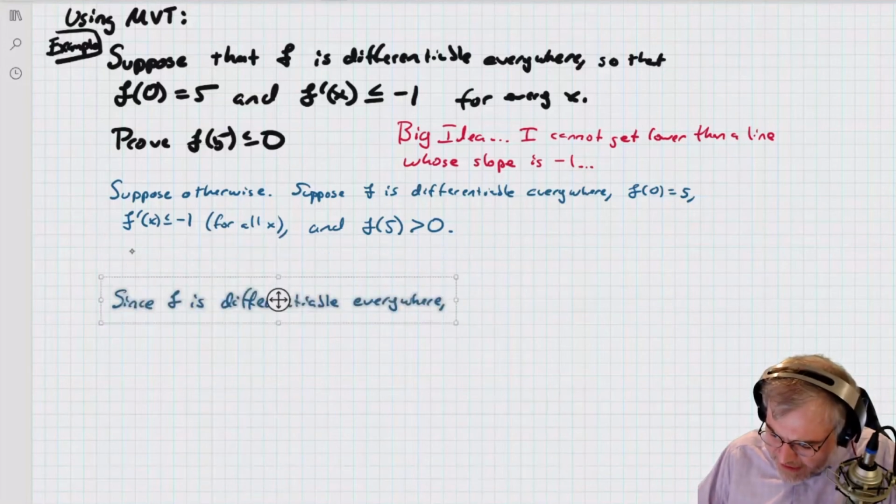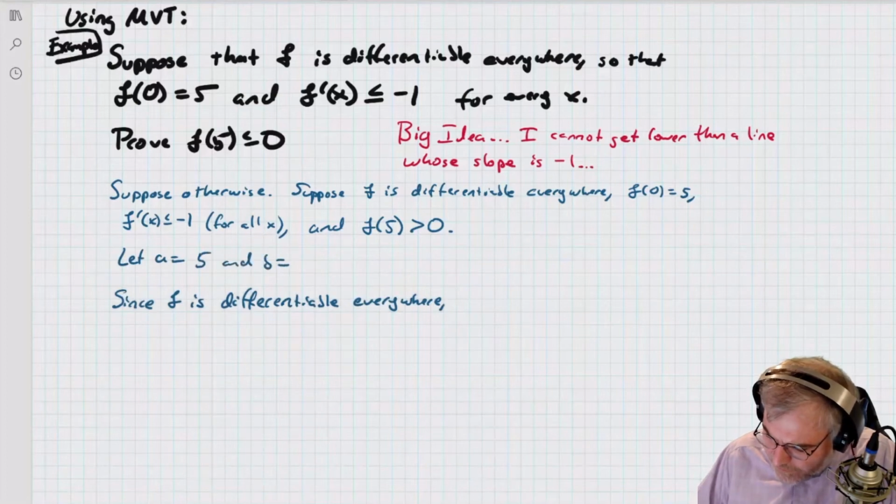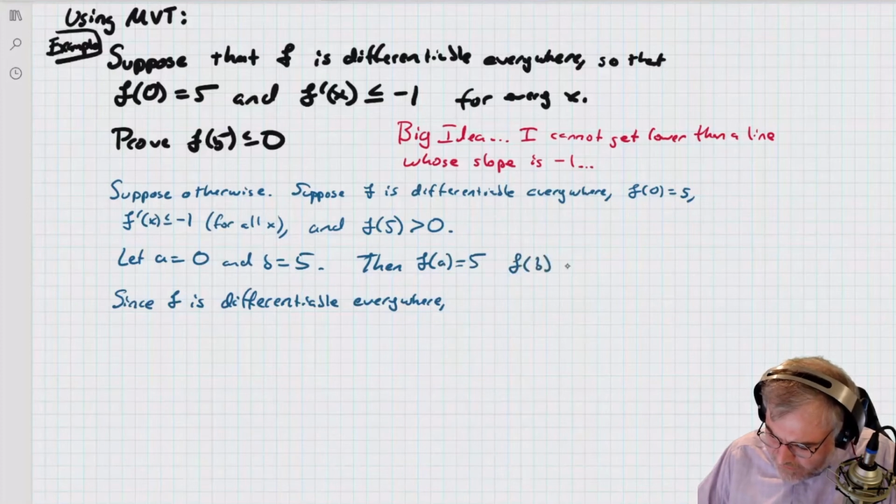So here I'm going to say let a equal 0 and b equal 5. Right. Then f of a equals 5. That's that piece. And f of b is greater than 0.